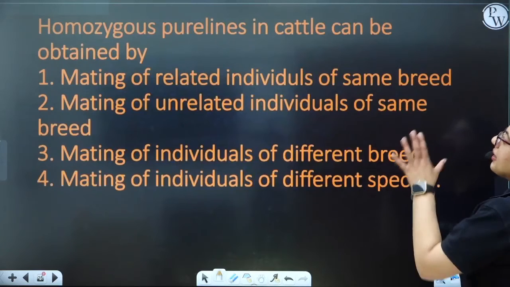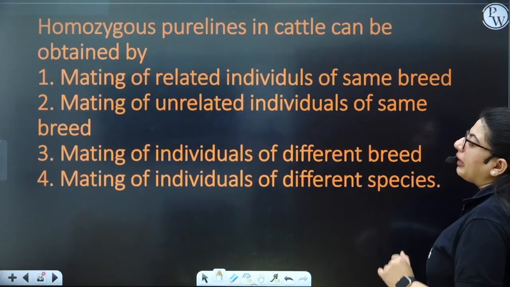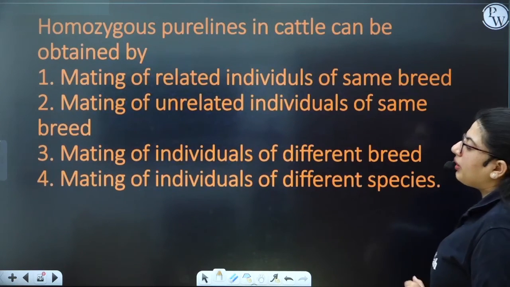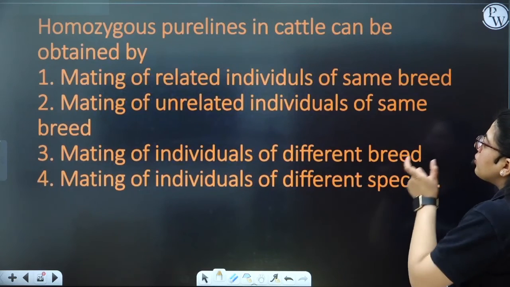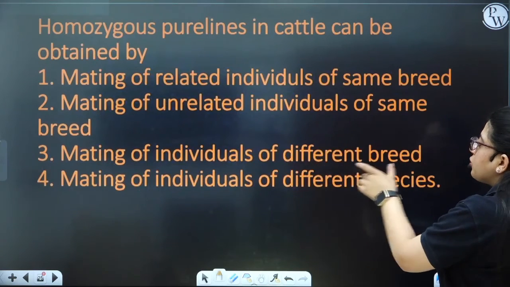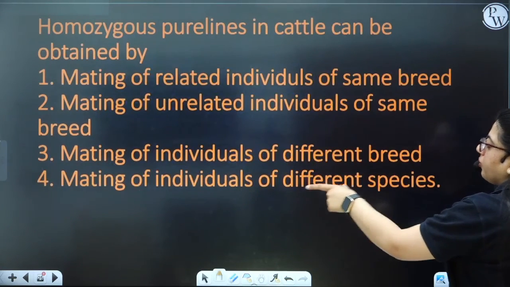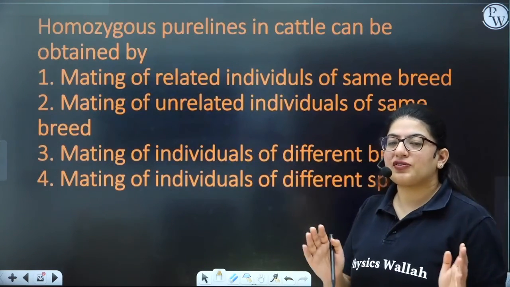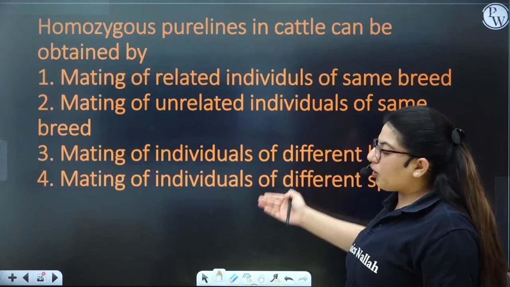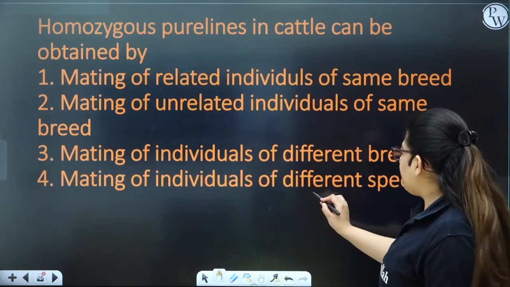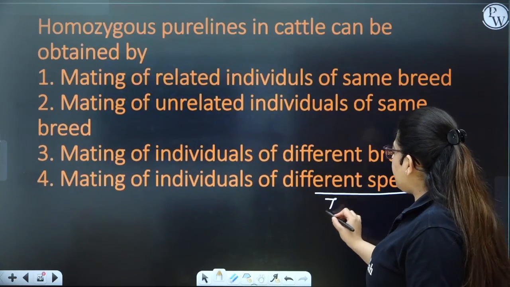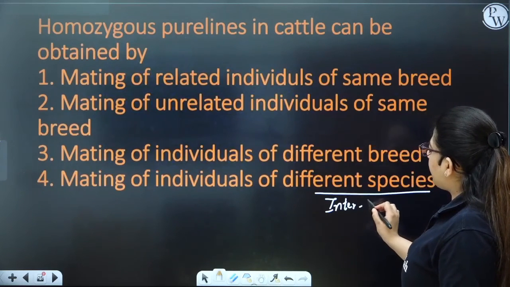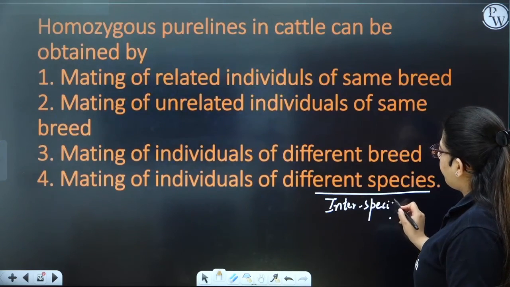Homozygous pure lines in cattle can be obtained by mating of related individuals of the same breed, mating of unrelated individuals of the same breed, mating of individuals of different breeds, or mating of individuals of different species. So they're asking about making pure lines, and that is formed by inbreeding. When you're talking about different species, it's interspecific hybridization.